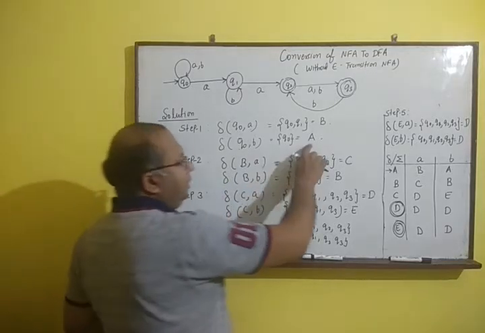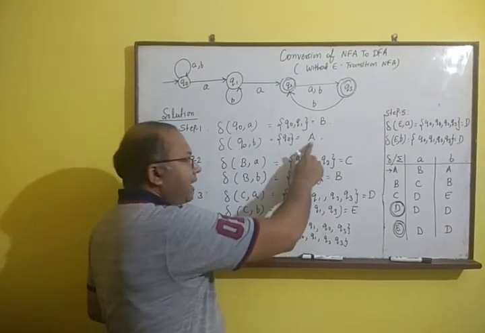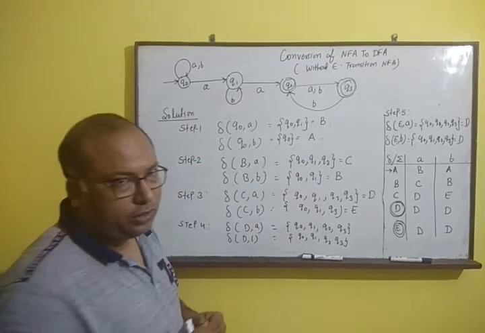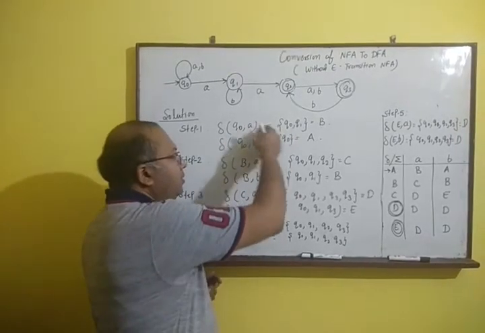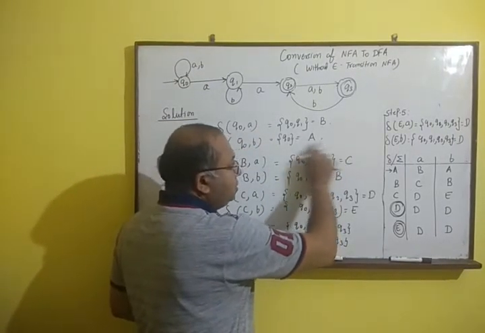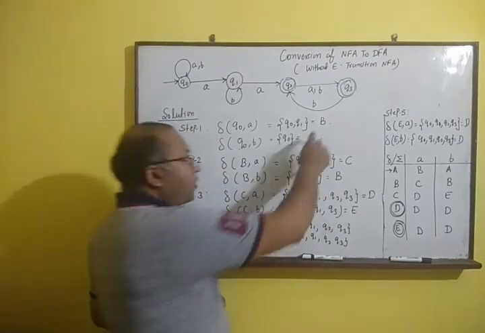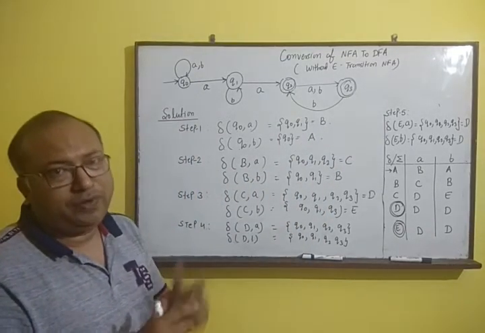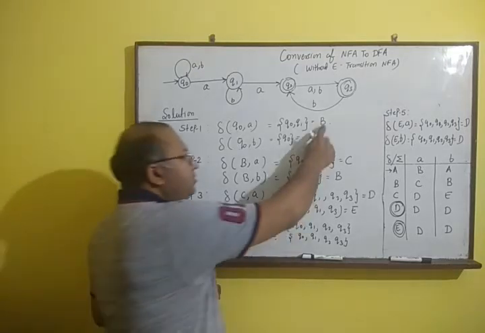In this example, if we apply the transition of A and B on set A, it has only one state, Q0, and on Q0 we have already identified the transitions of A and B. So we will not use this set again. But on B we have not yet applied any transition, so we will apply the transition of A and B on this B.